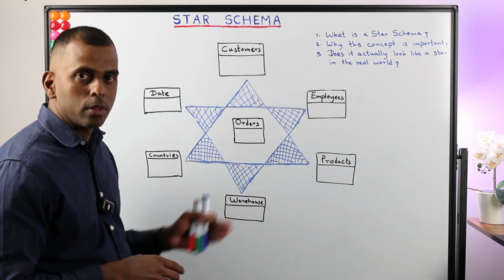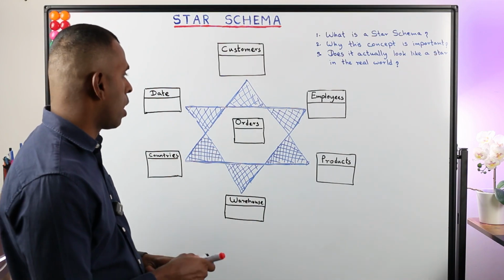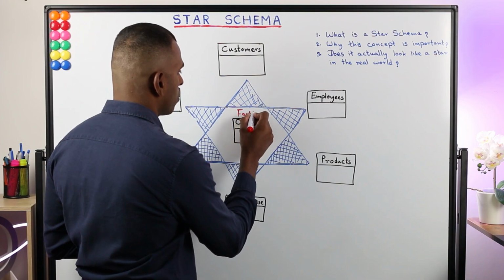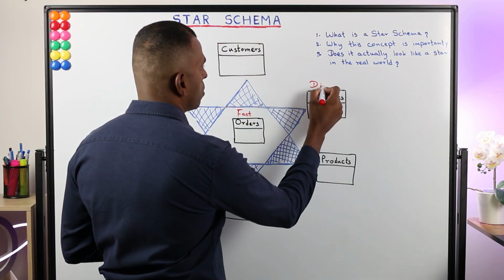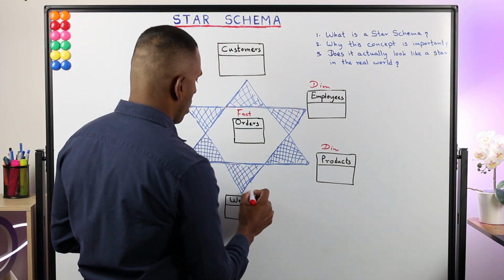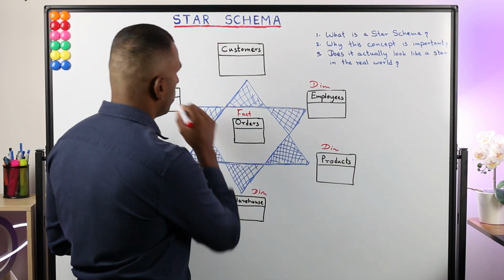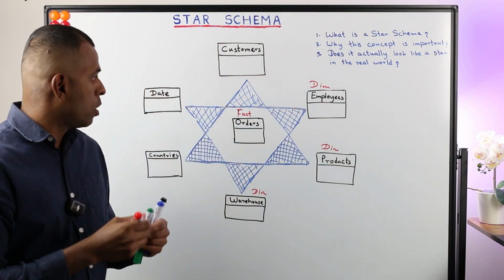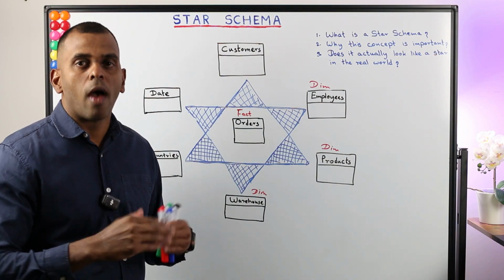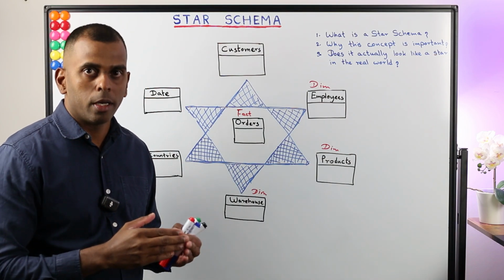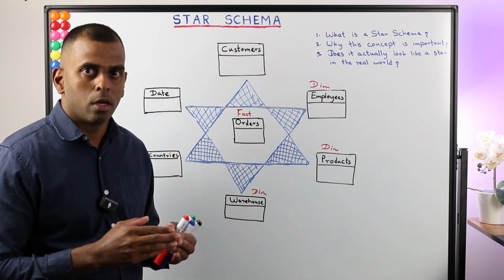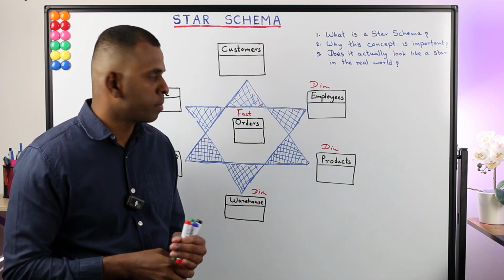This is the fact table, and these are dim tables: dim products, dim warehouse, like that. These are also dim tables. The fact table contains values like quantity, product price, discount percentage and sales value.